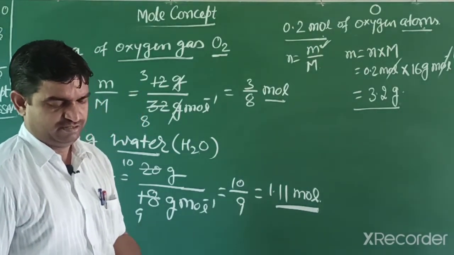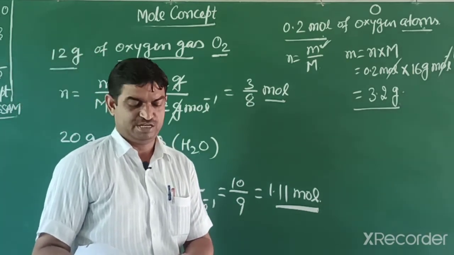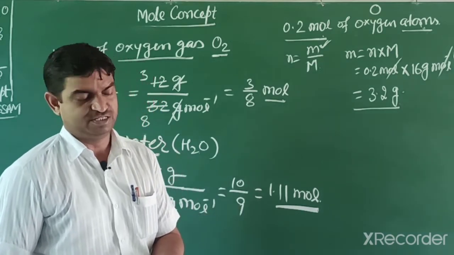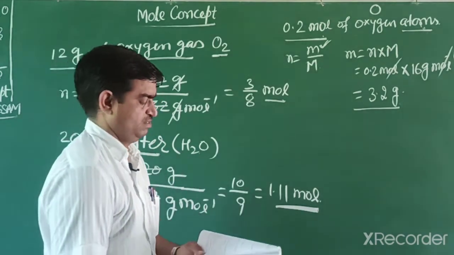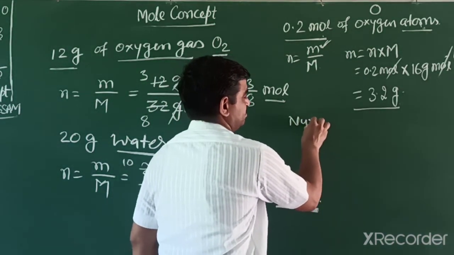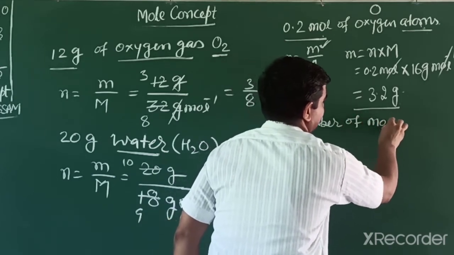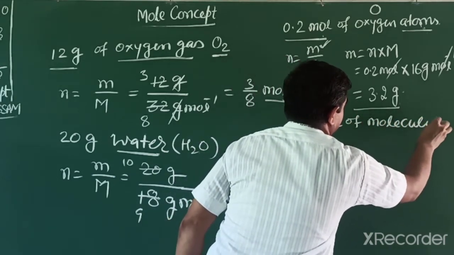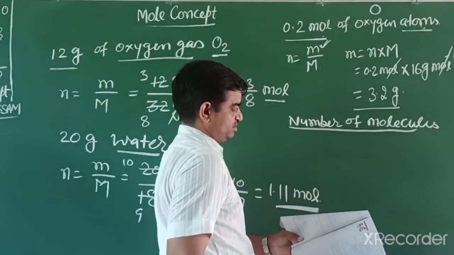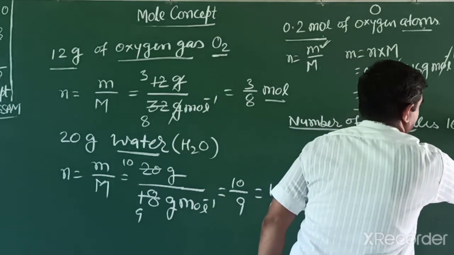Another numerical given in your book: calculate the number of molecules of sulfur S8 present in 16 gram. 16 gram solid sulfur.